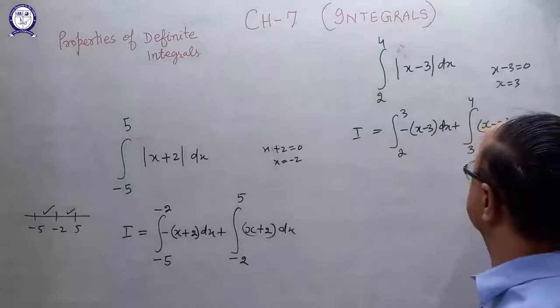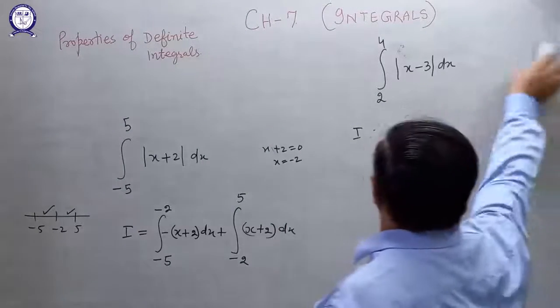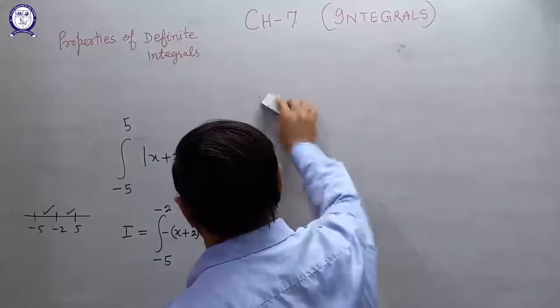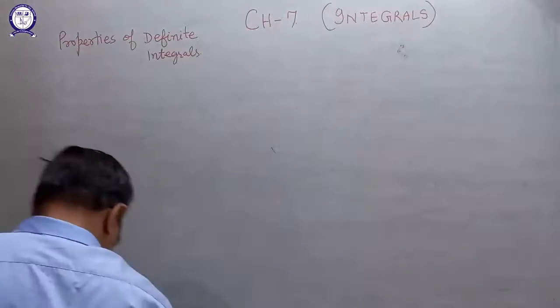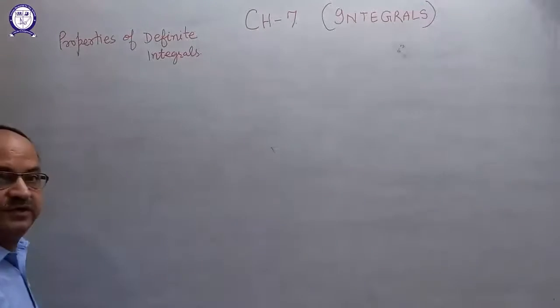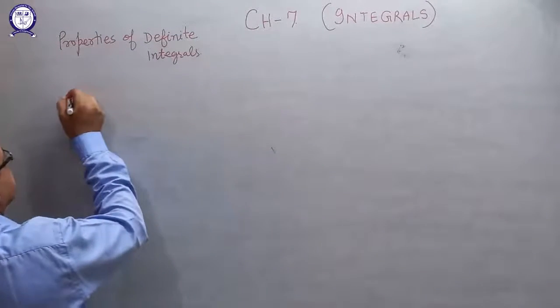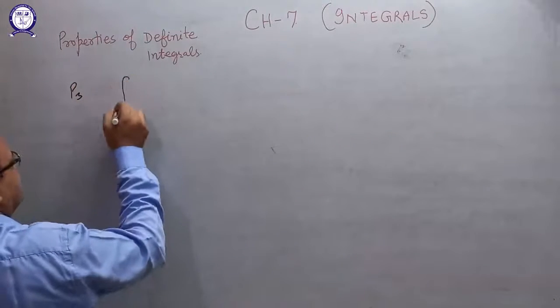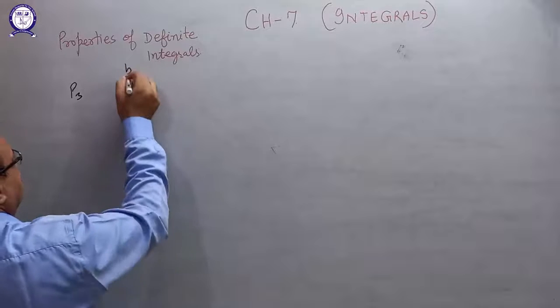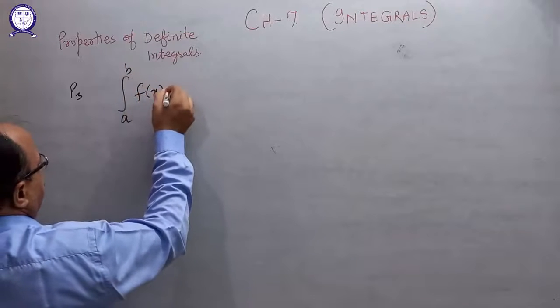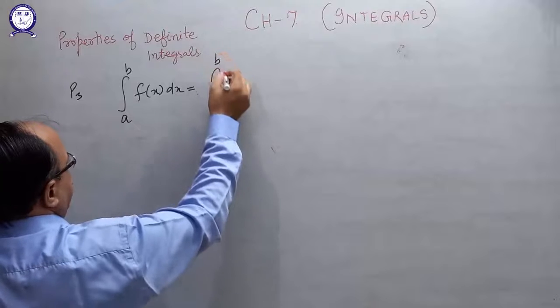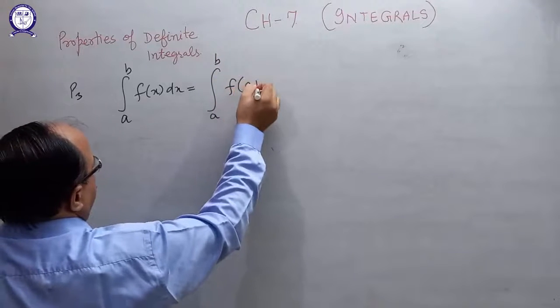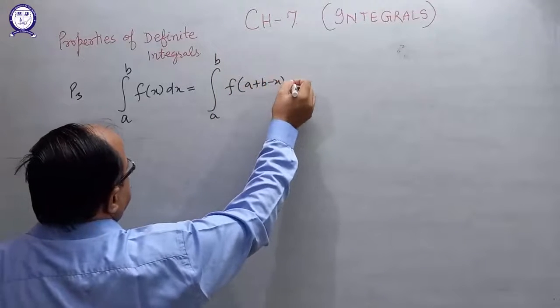Now, property number P3: integration a to b f of x dx. You can write it as integration a to b f of a plus b minus x dx.